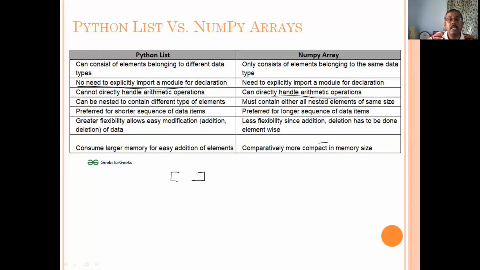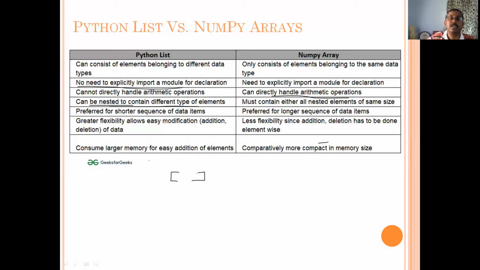Next, nested elements. You can have different types of elements as a subpart of the lists, right? Whereas, again, this is a very, very big important point: you must have the nested elements of an array be of the same length.